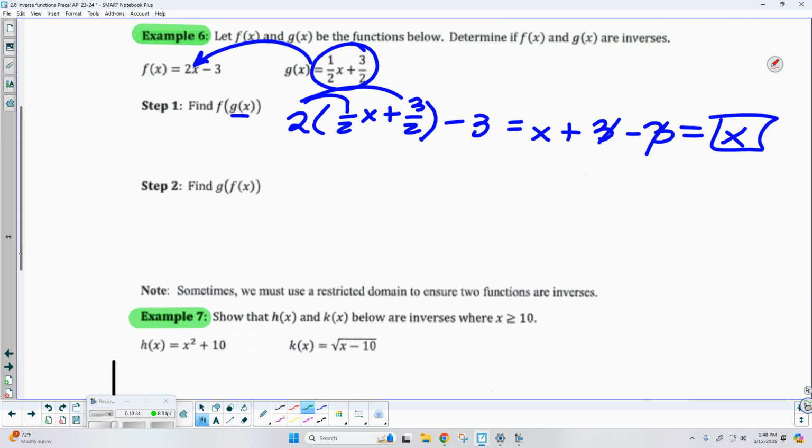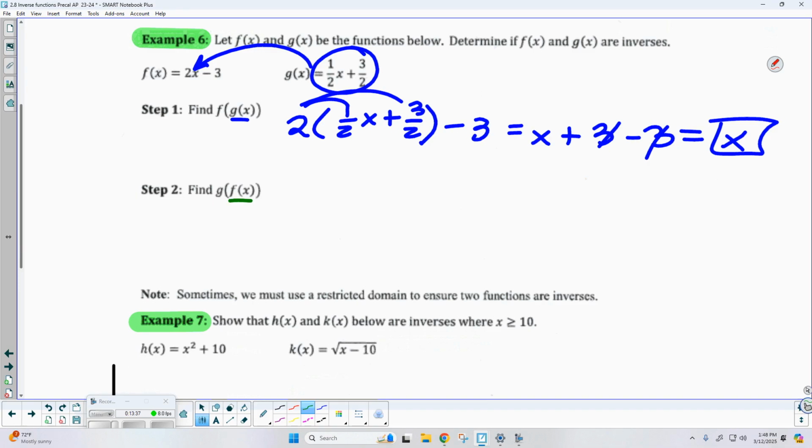So when we want to take a look at g of f of x, f is now the inside function. So I'm going to take 2x minus 3. That's what I'm plugging into g. So this is going to be 1/2 x. So that's 1/2 times 2x minus 3, and then minus 3. Oh, looking at the wrong one. That's a plus 3/2.